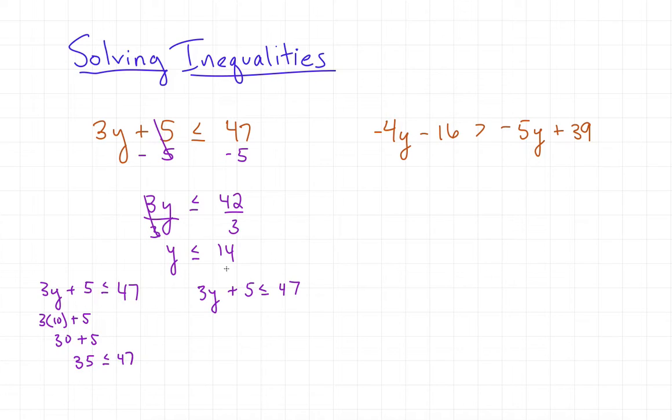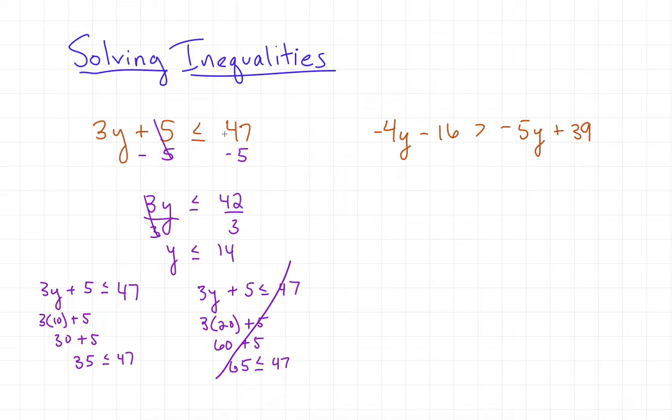All right, but let's just say we chose a number that was not less than 14 or equal to 14. Let's say we chose 20. Well, 3 times 20 plus 5. So 3 times 20 is 60, plus 5 is 65, and 65 is not less than or equal to 47. All right, so this one here on the left is not true, okay?